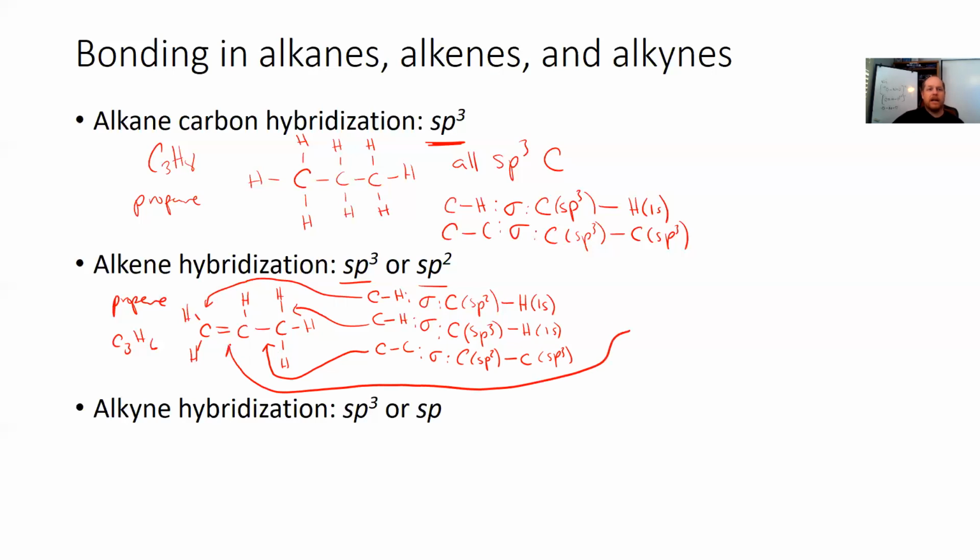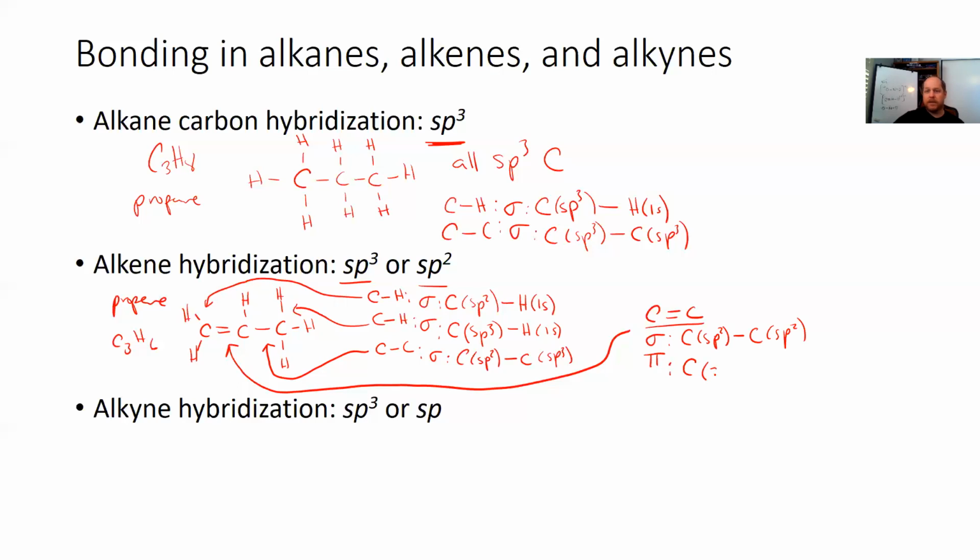On that double bond, this is our carbon double bond carbon. There we have a sigma bond and we have one pi bond. The sigma bond is going to be formed from carbon sp2 to carbon sp2, since both of the carbons are sp2 hybridized, and the pi is from the unhybridized p orbitals.